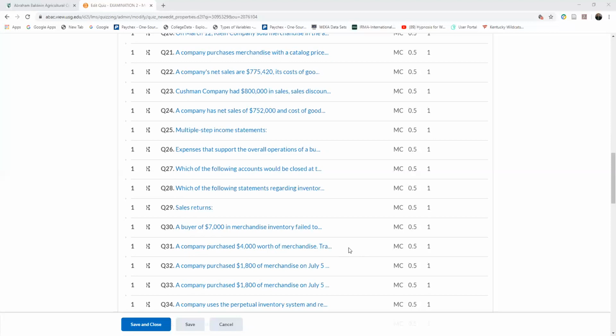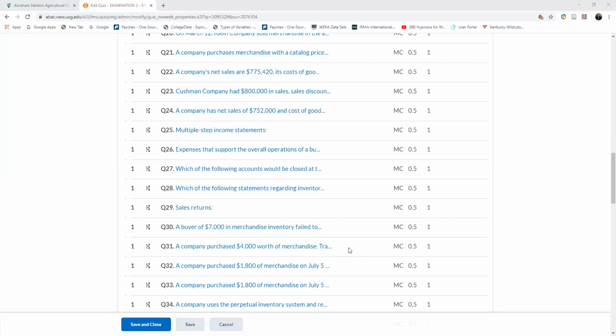And then when you have your beginning inventory, plus your net purchases. Net purchases are gross purchases minus any purchase returns and allowances, minus any discounts, plus any freight that you have to pay. That will give you your net purchases.